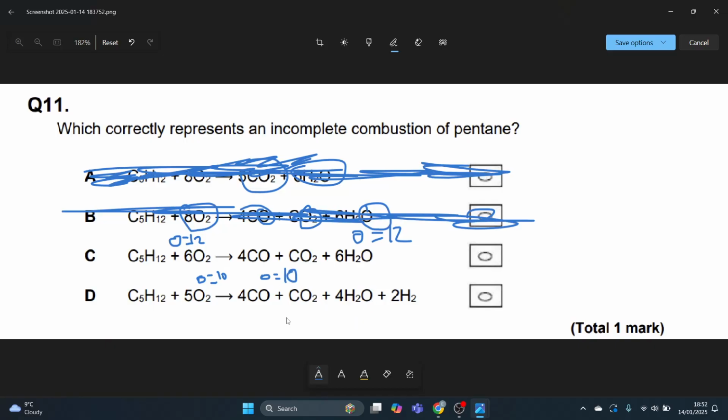So the oxygens are balanced for both of them. I'm going to have to go a bit deeper and think about the hydrogens now. For D, I've got 8 hydrogens plus 4 hydrogens, that's 12. And C, I've got 12 hydrogens. Okay, I think it's all balanced.